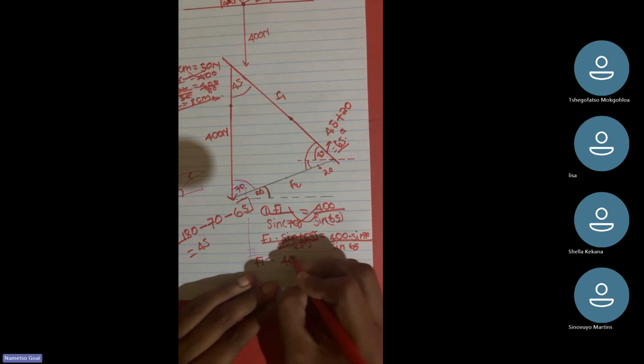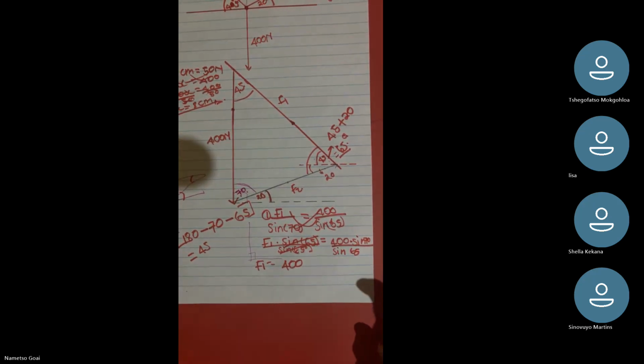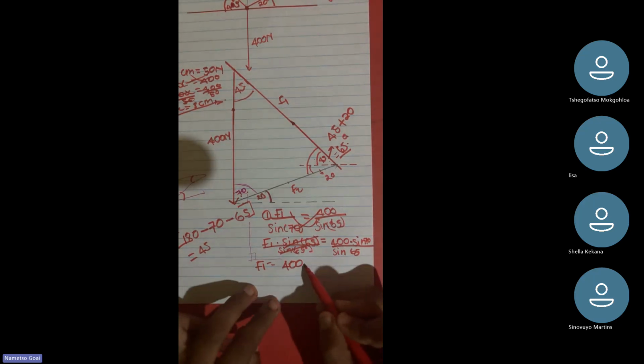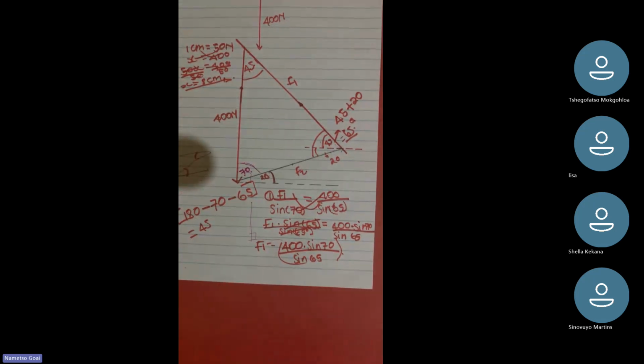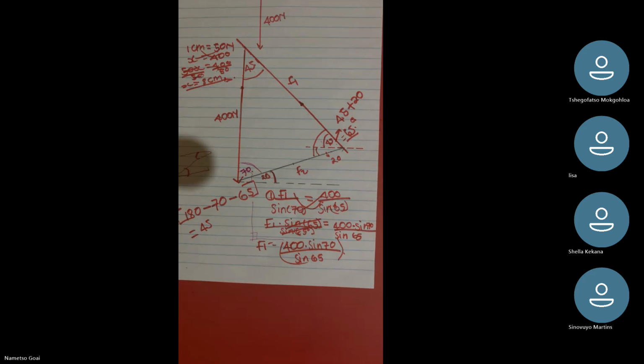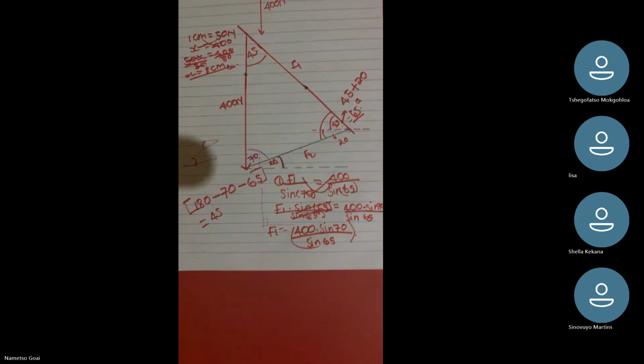So you're going to have 400 multiplied by sine 70 divided by sine 65. Can you please put this into the calculator for me and tell me what it's going to give? Can somebody do that quickly for me?